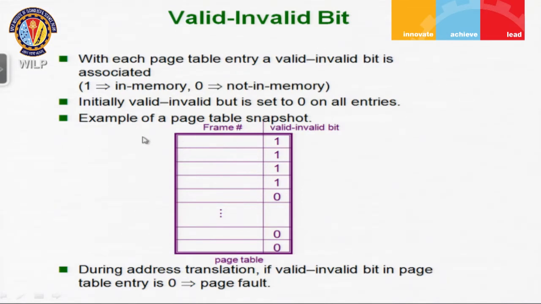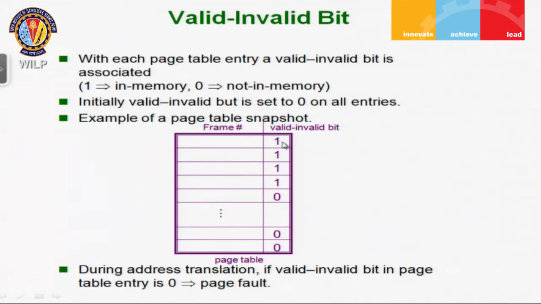So for a given page index, we need to find out the frame number, and this valid and invalid bit tells me whether this particular required frame is present in memory or not. If the value of the valid-invalid bit is 1, it means that the frame is present in memory.